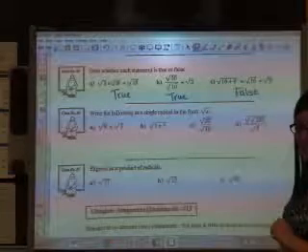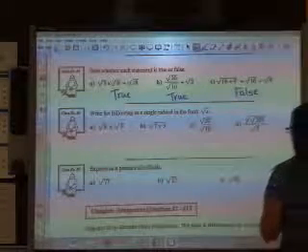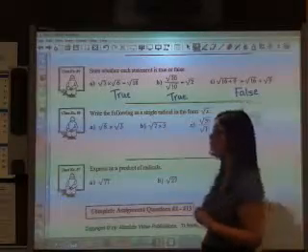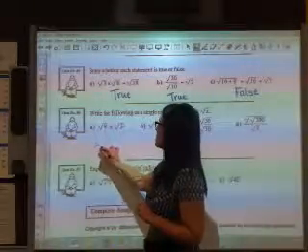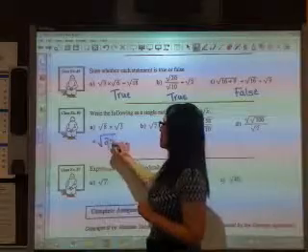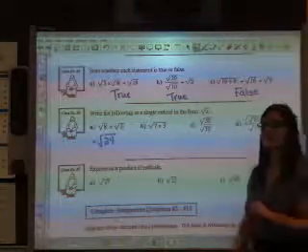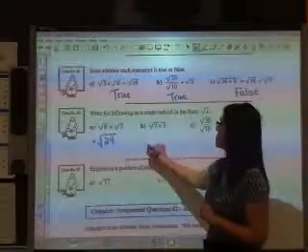Class example number 6 says put this all together. Square root of 8 times the square root of 3 would be the square root of 24. Square root of 7 times 3 would be the square root of 21.